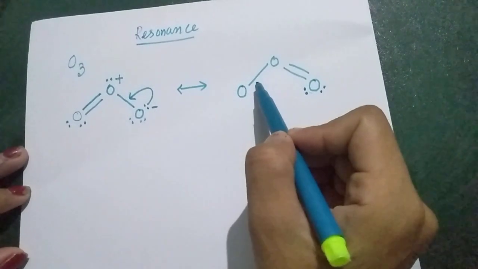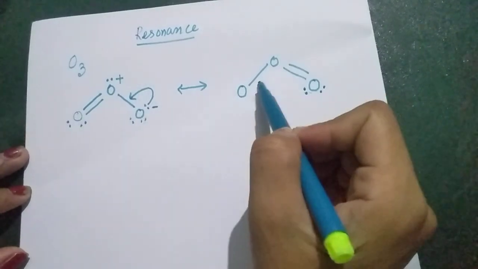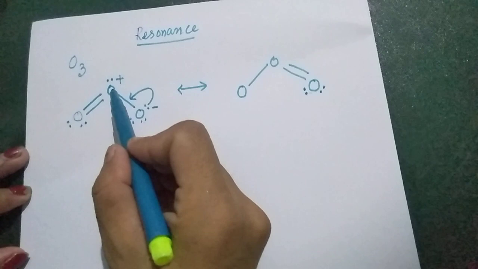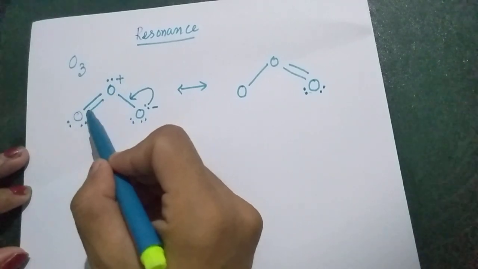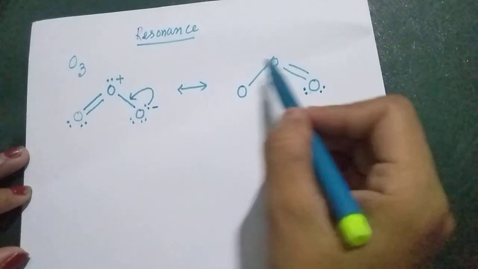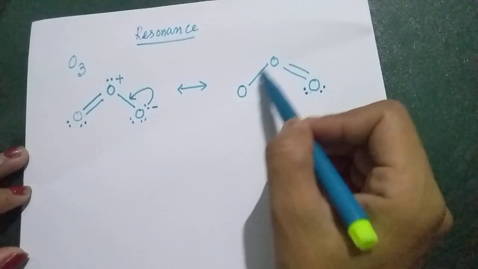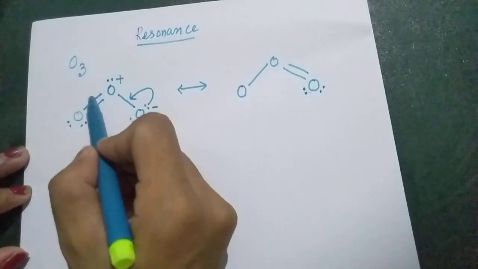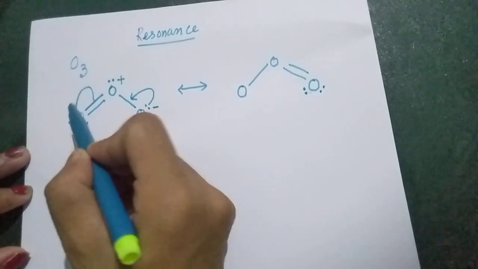Now another pi bond is here, but if I draw the pi bond here, the compound will be very unstable, because this oxygen will have 1, 2, 3, 4, 5, 6, 7, 8, 9, 10 electrons. Oxygen with 10 electrons will be so unstable. So to stabilize itself, this pi bond will start shifting here.